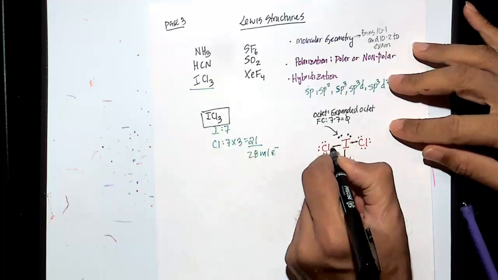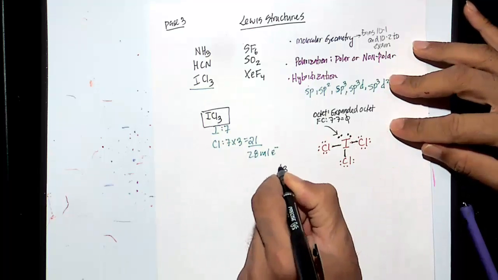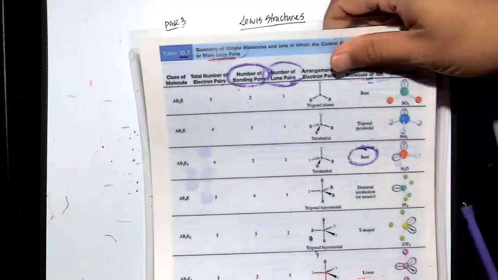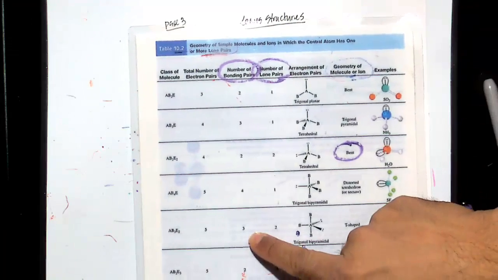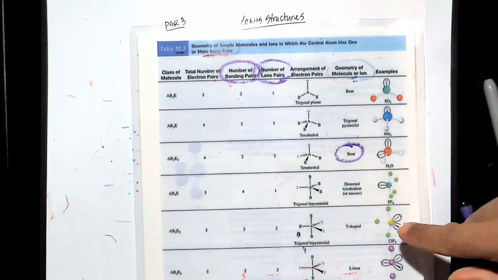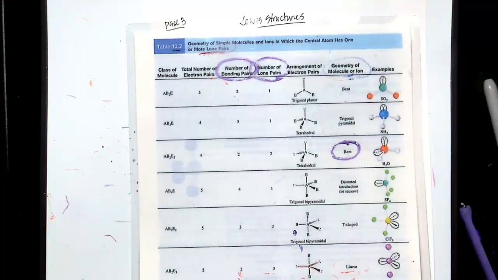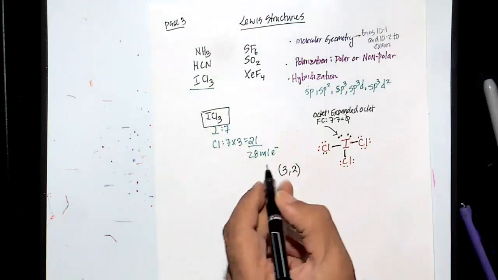So we have 3 bonds. 1, 2, 3. 2 lone pairs. So what's 3 bonds and 2 lone pairs? Okay, 3 bonds, 2 lone pairs. Okay, it's T-shaped. The molecular geometry of this is T-shaped. Is this tricky?